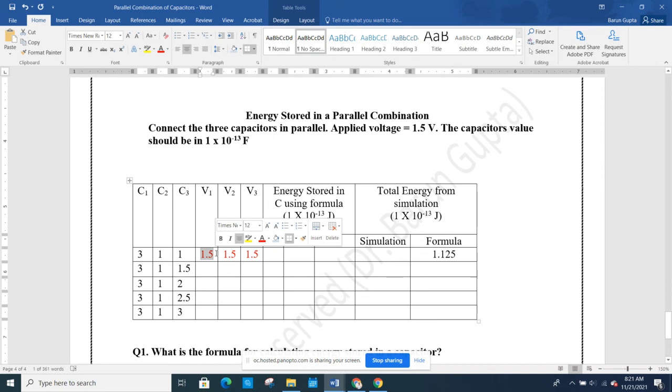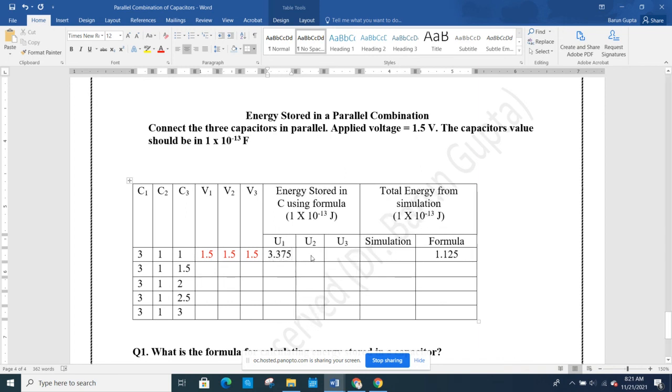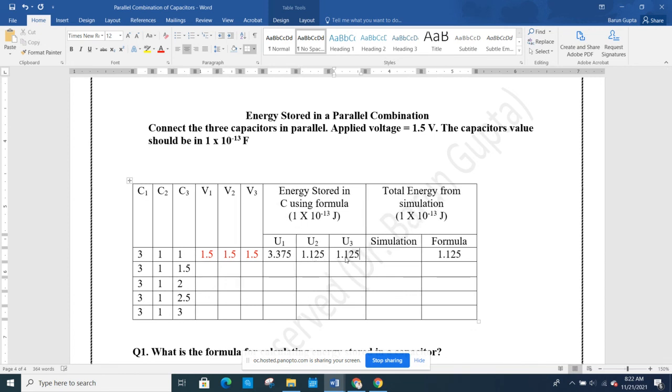So if I square 1.5, squared times 3 divided by 2, the number I get here is 3.375. And now exactly the same I have to do for C2. V2 squared would be 1.5 squared, divided by 2. So the number I get here is 1.125, and exactly the same for C3, 1.125, and the total energy will be equal to all the numbers added together.